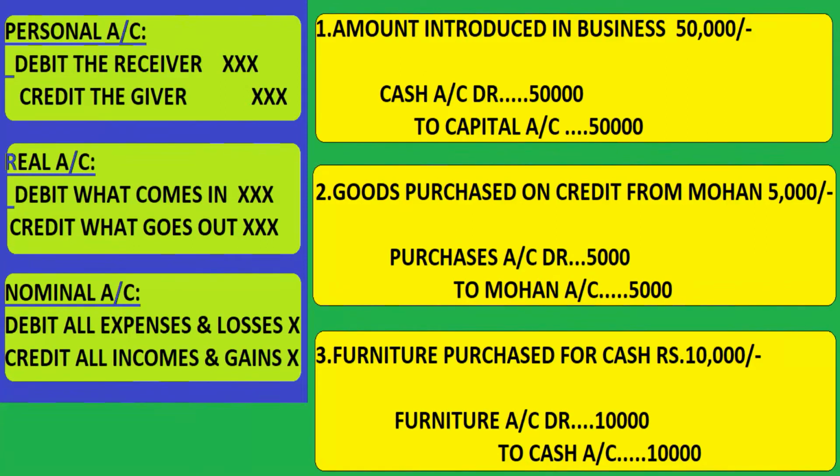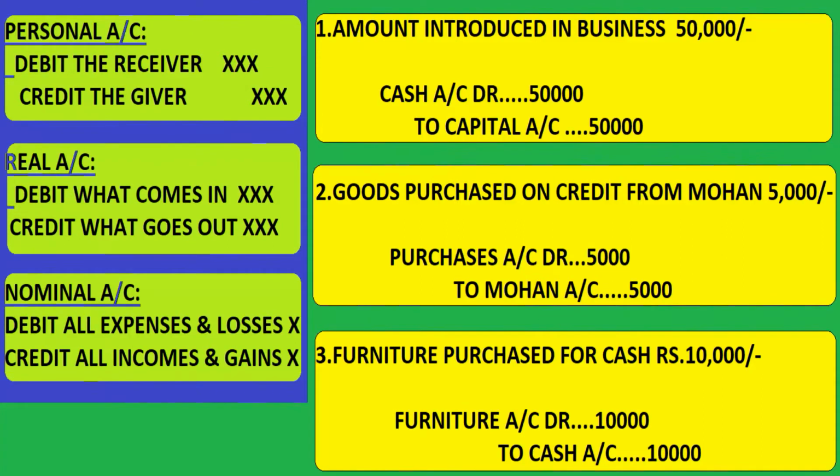Indirectly owner is giving that, but we are mentioning that in the name of capital. So credit capital account. The entry becomes cash account debtor to capital account 50,000 50,000. Hope you understood this.